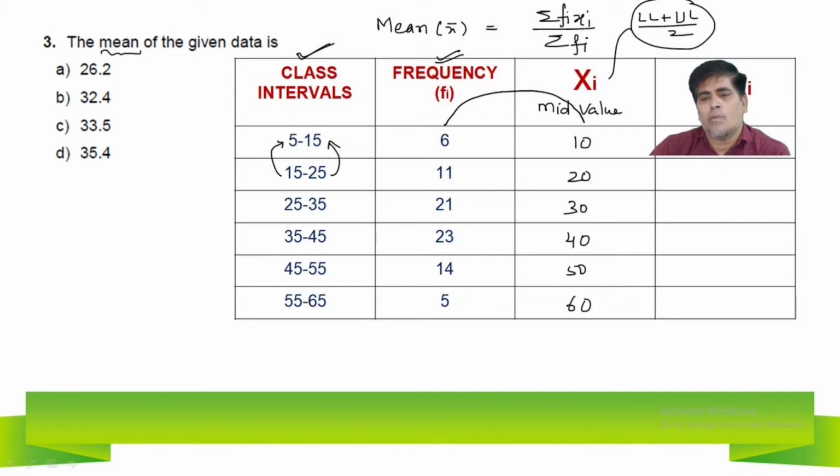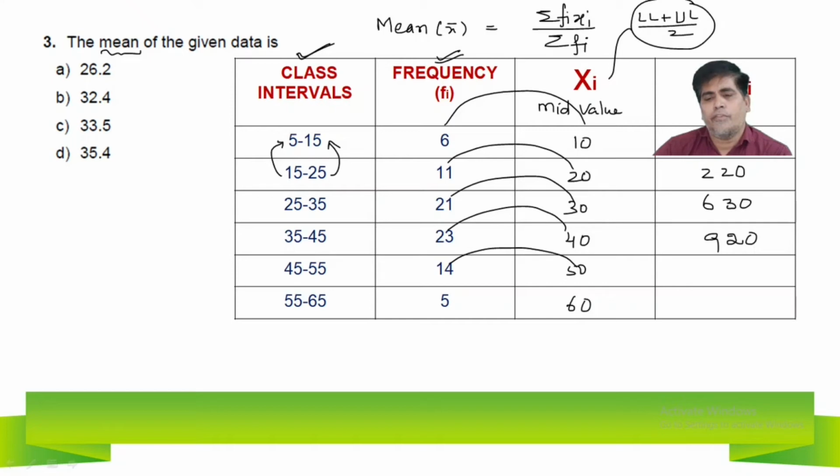So 6 into 10, I will get 60. 11 into 20, so 220. 21 into 30, so this is 630. 23 into 40, so 920. 14 into 50, this is 700, and 5 into 60, so this is 300.